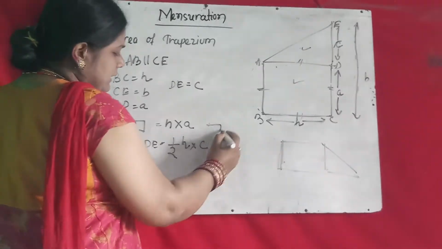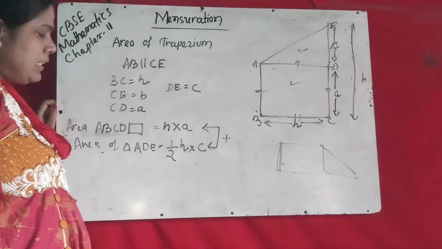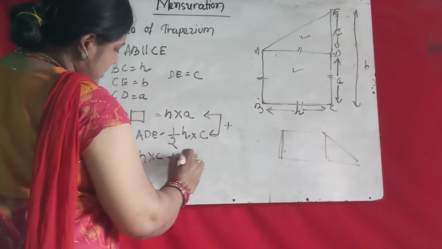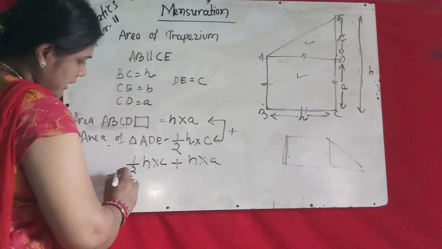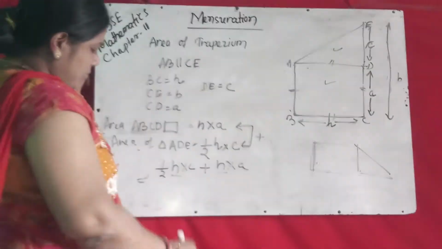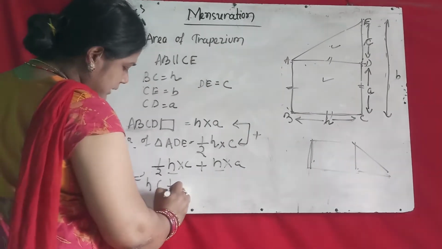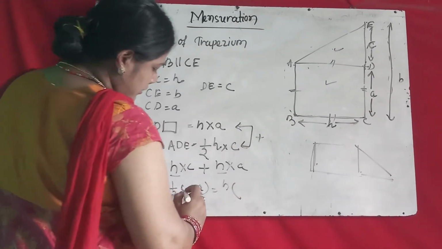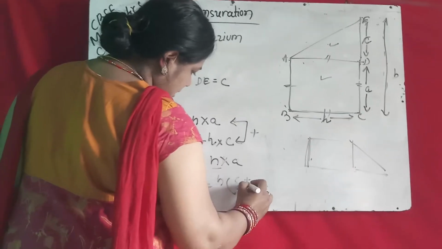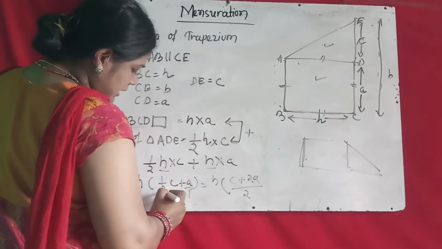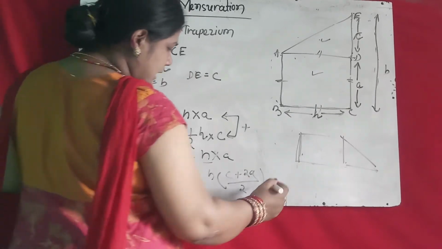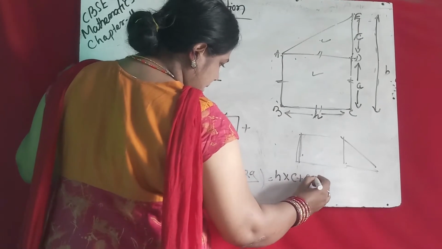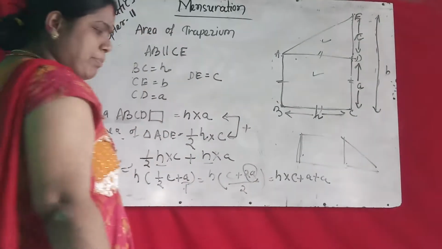So we add these two: half H into C plus H into A. Here H is common, so half H into C plus A. Taking the 2 inside, C plus 2A, and 2A can be written as A plus A, all over 2.